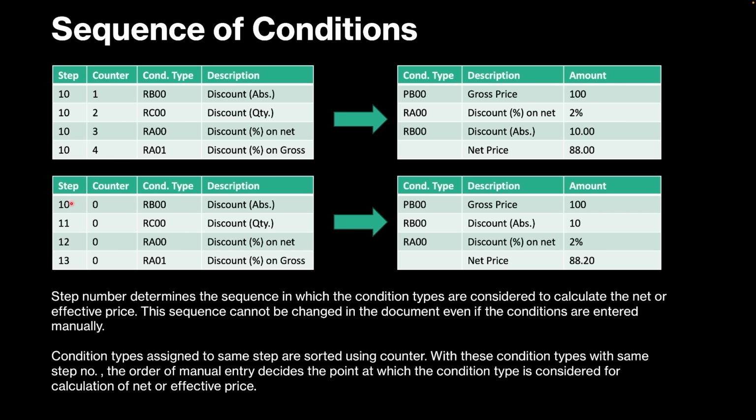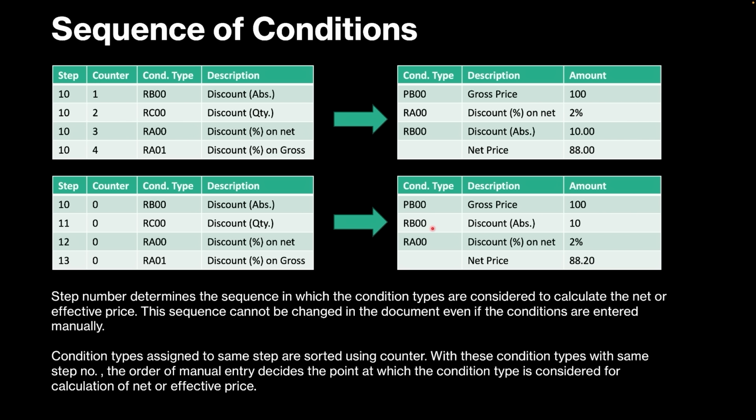But if you have different steps, then even if you enter them manually, the system will always sort or arrange them in the manner in which they have been entered in this pricing procedure. So if you have different steps and you enter RA00 manually before RB00, the system will sort them as per this pricing procedure only.